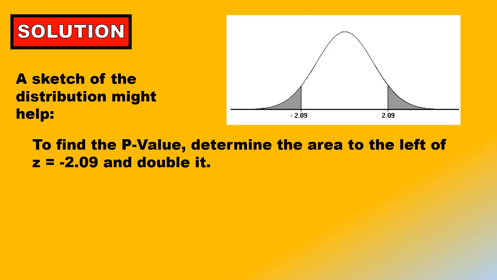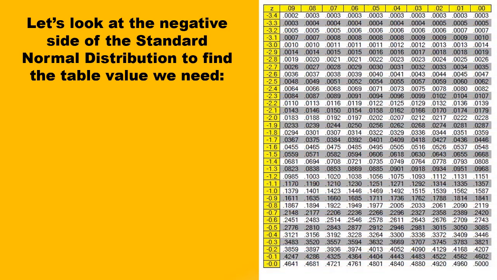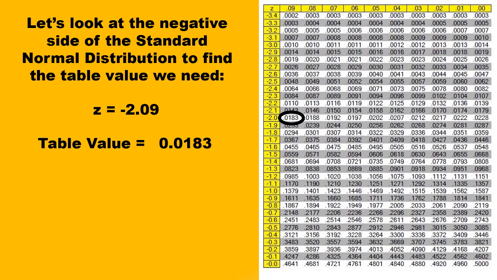How do we find that area? We need the standard normal distribution table. So let's look at the negative side because that z on the left was negative 2.09. So here's the negative side of the standard normal distribution table. We look for negative 2.09, and the table value there is 0.0183. We need to use that to help us find our p-value.